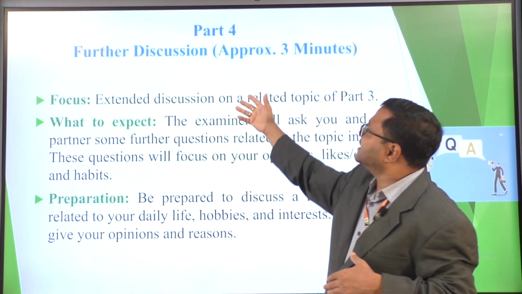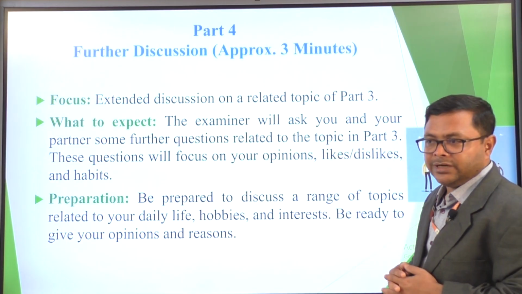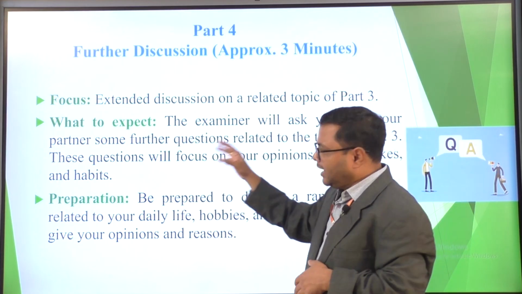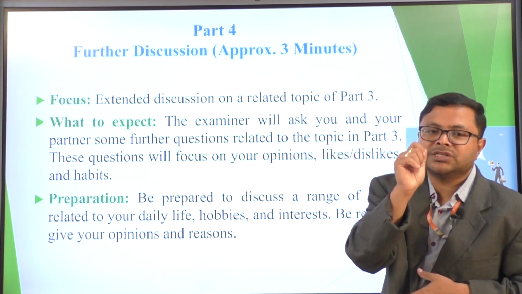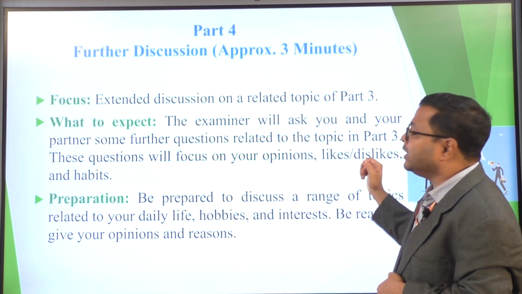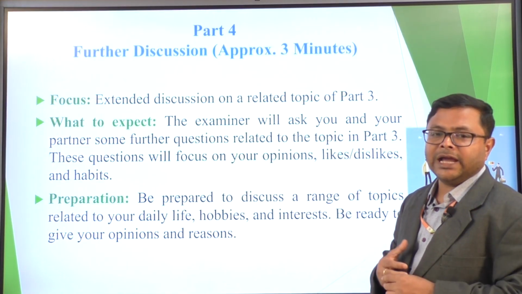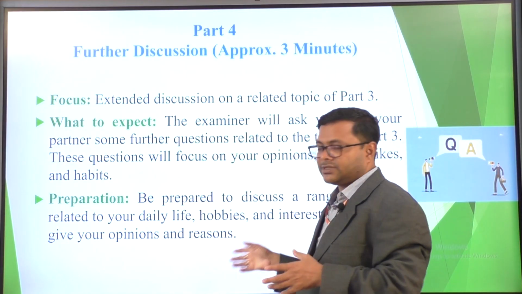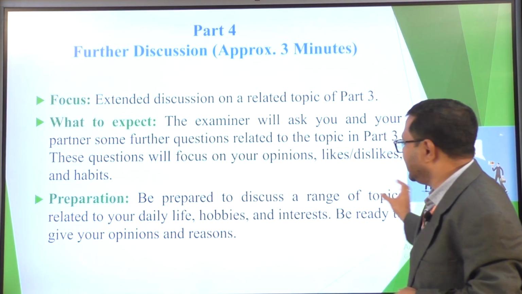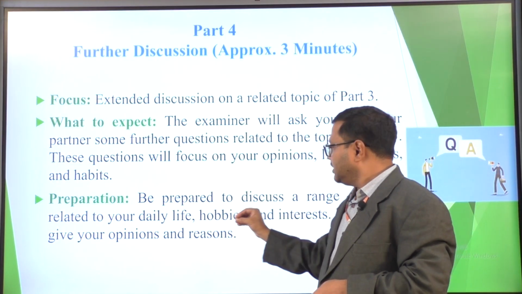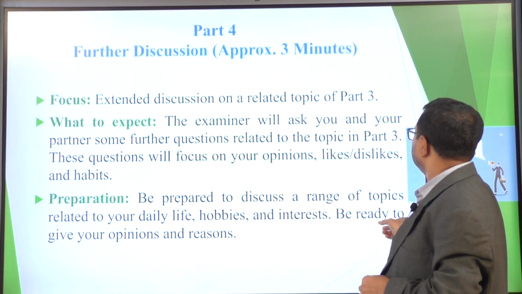Based on this, an extended discussion would be there, where the examiner will ask questions, and you have to answer individually about your opinions, likes and dislikes, habits, hobbies or interests. So, you have to be ready to discuss a range of topics related to your daily life, hobbies and interests, and be ready to give your opinions and reasons.